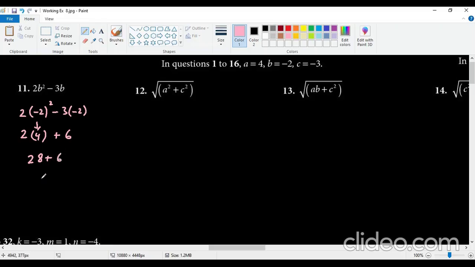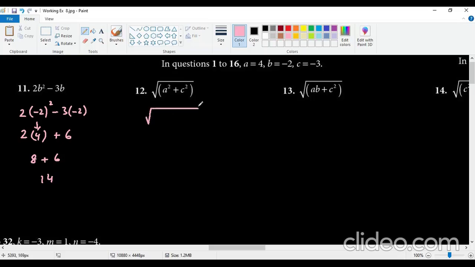That means 2 times 4 is 8, and plus 6 is going to give you 24 as an answer for question number 11. It's not 24, it is 8 only. 8 plus 6 is going to give you 14 as an answer.